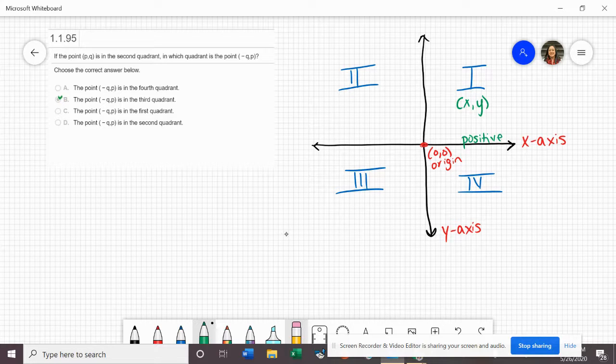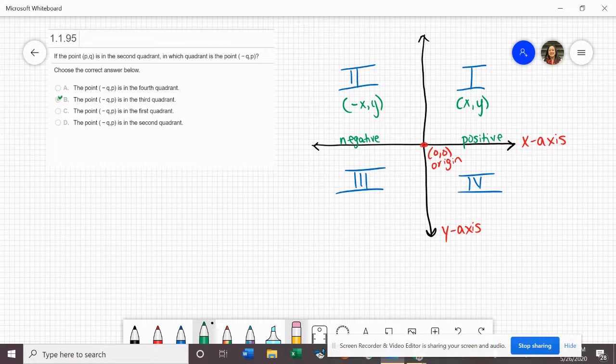On the opposite side of that origin, we will have negative x values. If I wanted to write my ordered pair over here, my x values are the opposite, but my y values are the same.